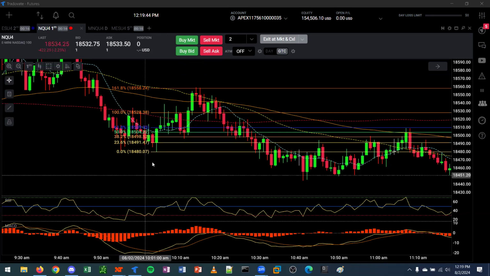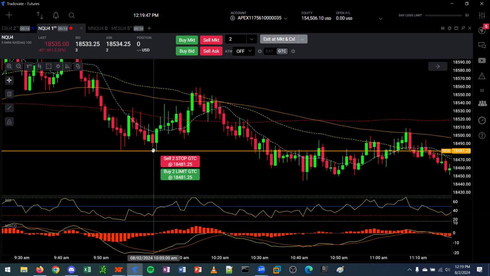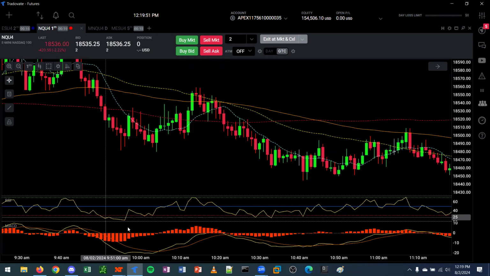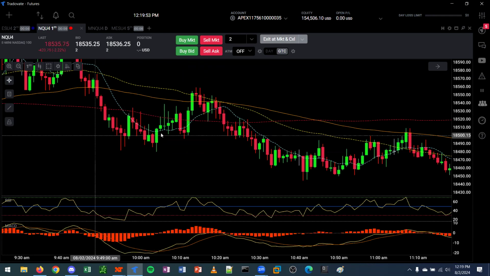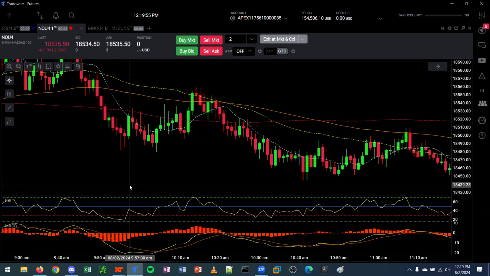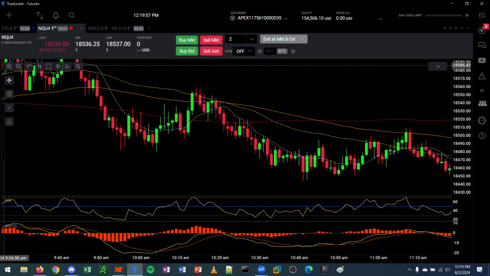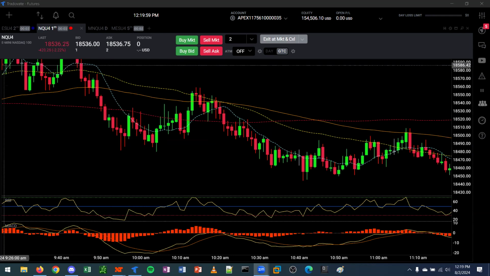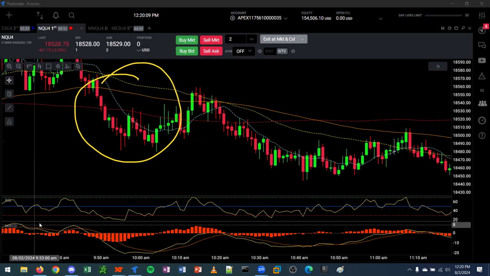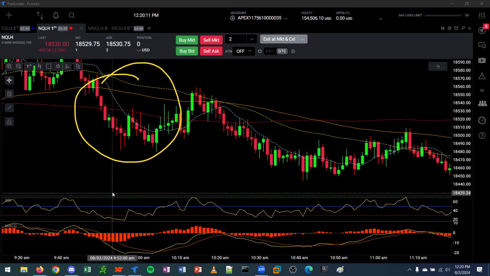And I forgot to mention over here. So over here, we identified that there was RSI against you, MACD against you, and there's one more thing against you. And it's in this area right here. You identify it? Well, the moving average is. Yep.